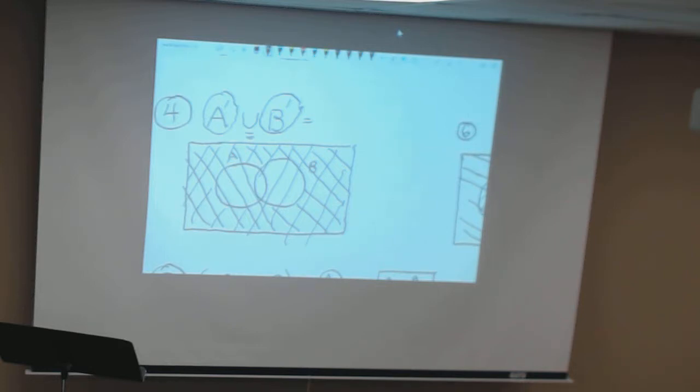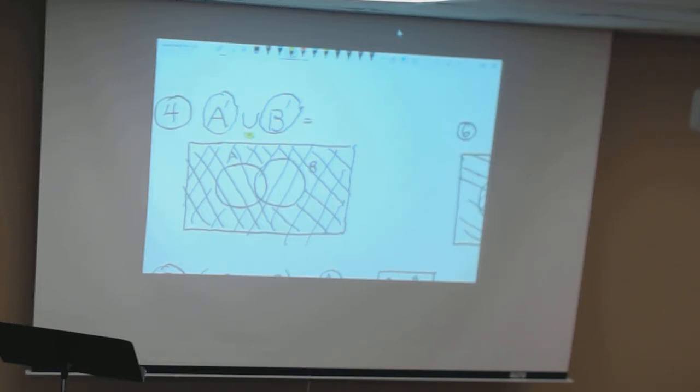Now, what's the union? If I put together the complement of A and the complement of B, how much of this, if I was going to shade this in red, oh, let's shade it in green, that'd be more fun. If I was going to shade the union in green, do you understand where I would shade in?